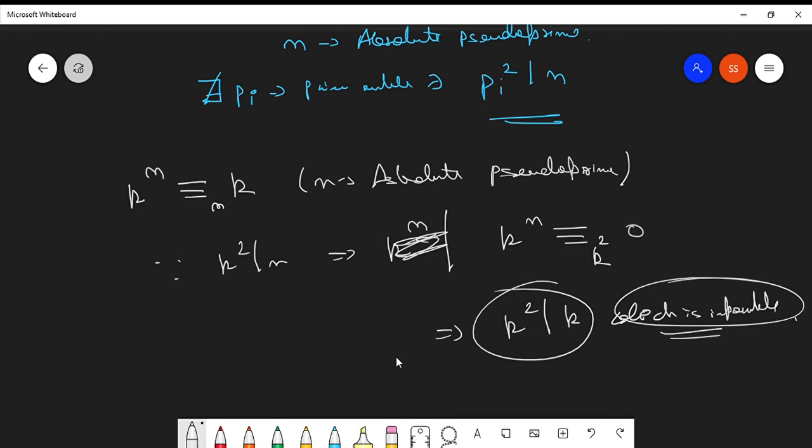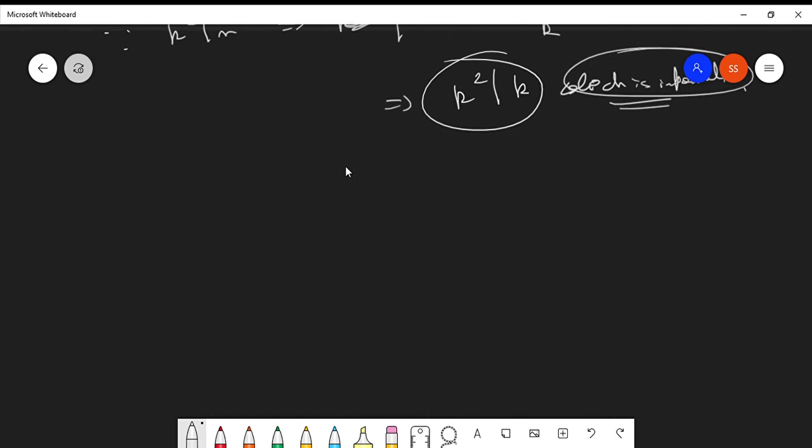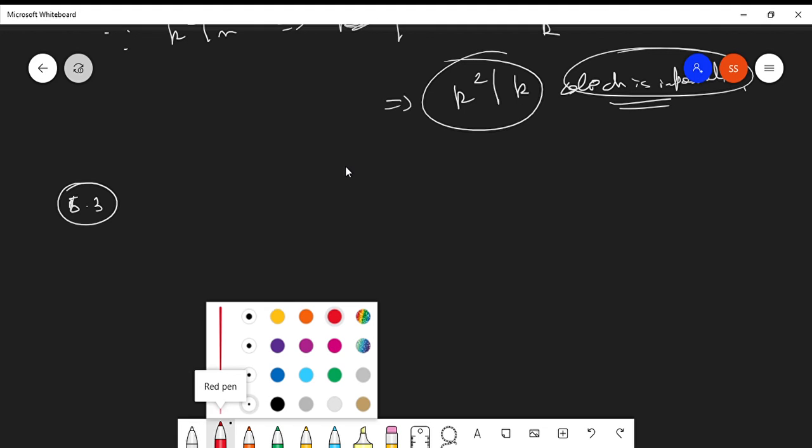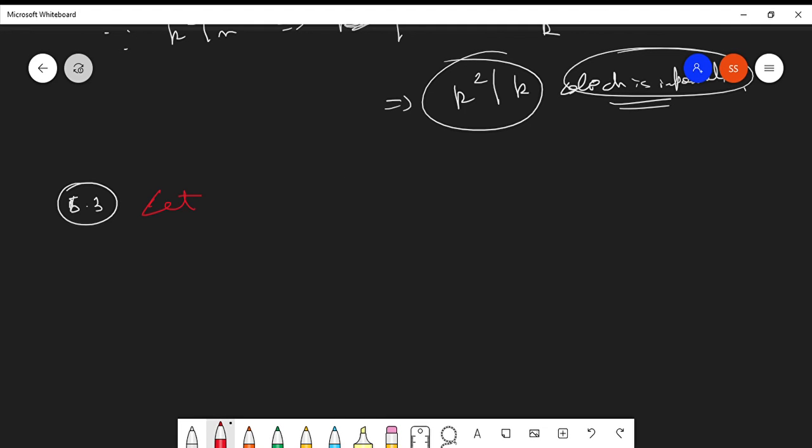So we are left with the last theorem of this particular lecture, and I will be ending this lecture after this theorem. I am writing it in red because it is important. Let n be a composite square free integer.